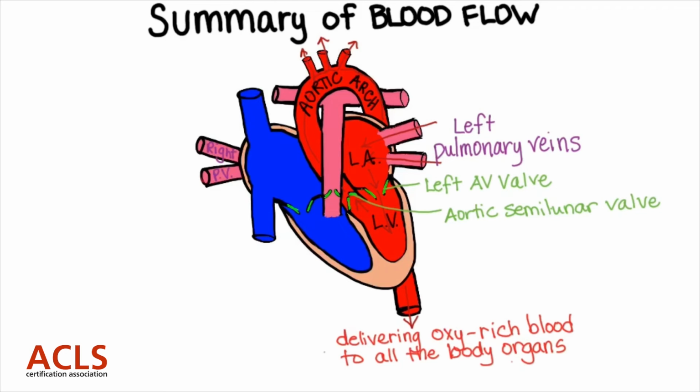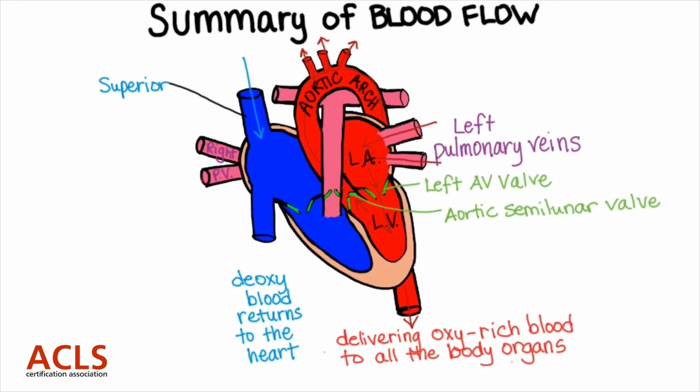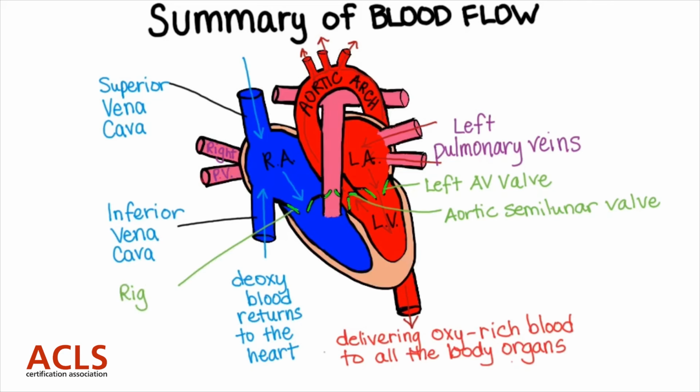After gas exchange, nutrient delivery, and waste collection, deoxygenated blood returns to the heart through the superior and inferior vena cava. It enters into the right atrium. This blood passes through the right AV valve and into the right ventricle.